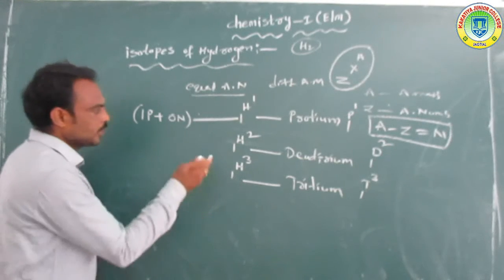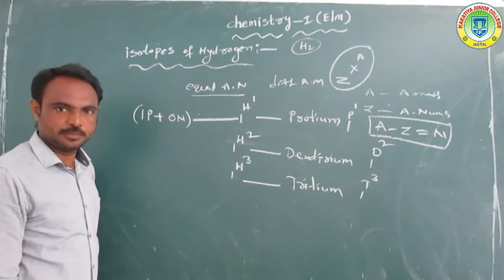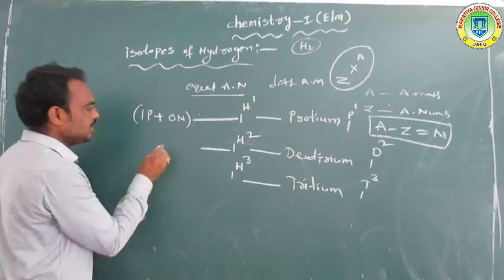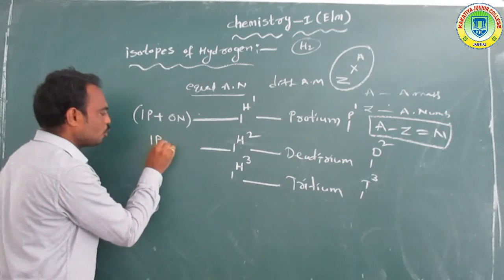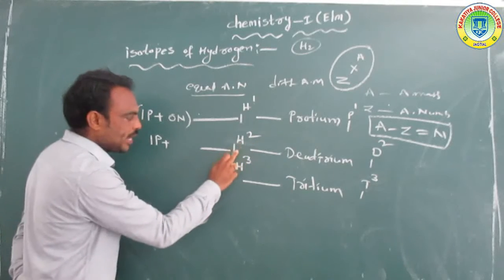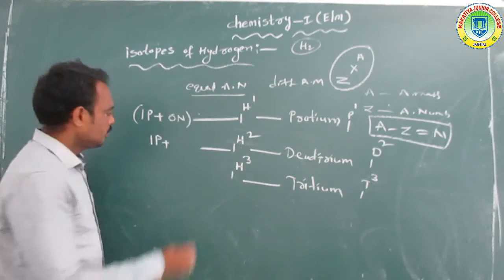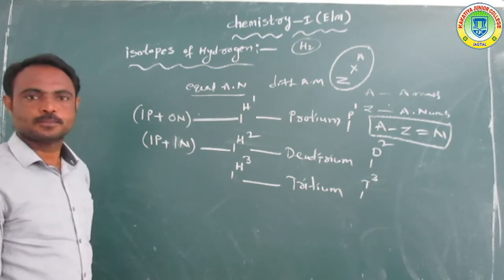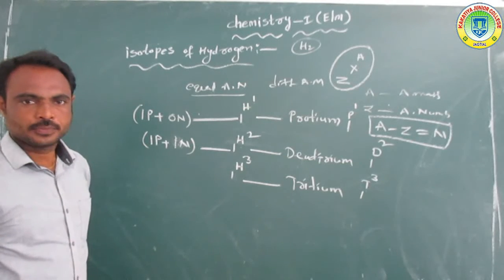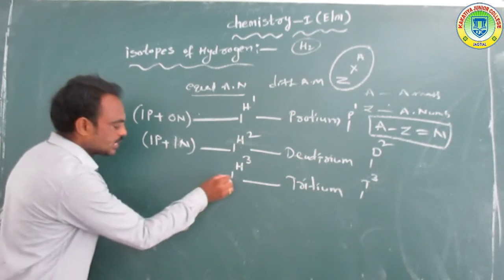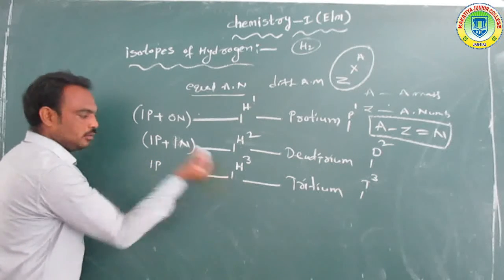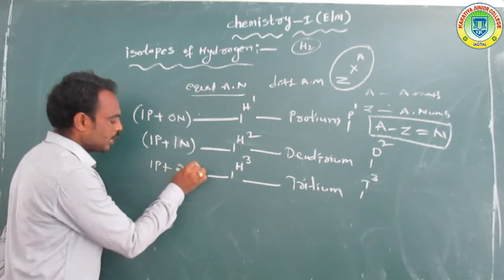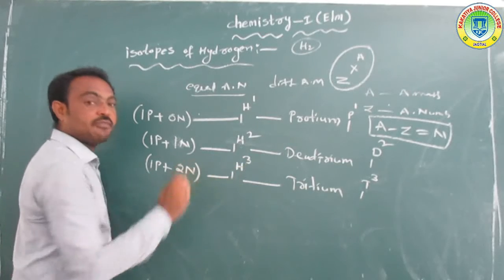Suppose we take deuterium, 1H2. How many protons? Only one proton. And 2 minus 1, A minus Z, so only one neutron. Next, the third one, tritium, 1T3, contains one proton and two neutrons, 3 minus 1.